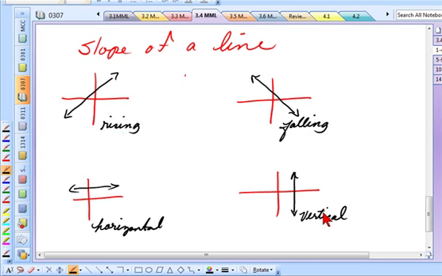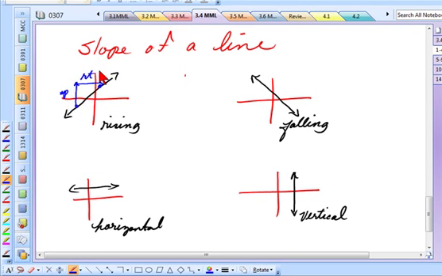Now, the slopes. You don't necessarily have to draw these things I'm about to draw, but write down the conclusion. If I picked 2 points on this line, and I did the rise over the run, the rise would be up, and the run would be right. What signs do those directions have?